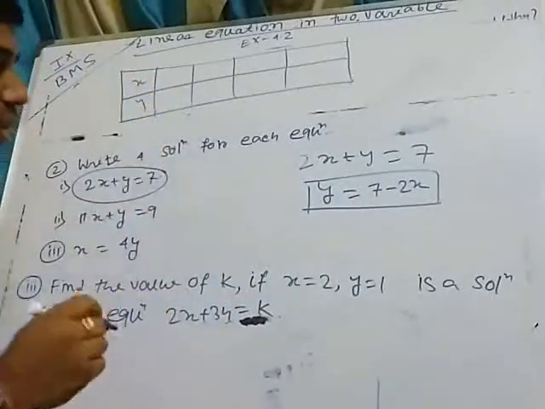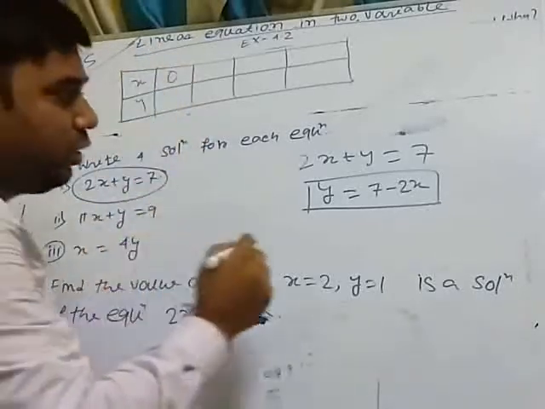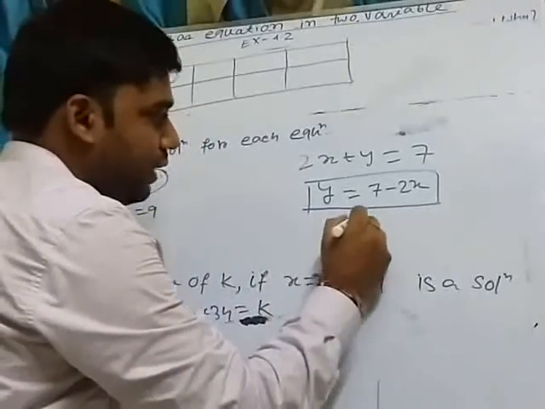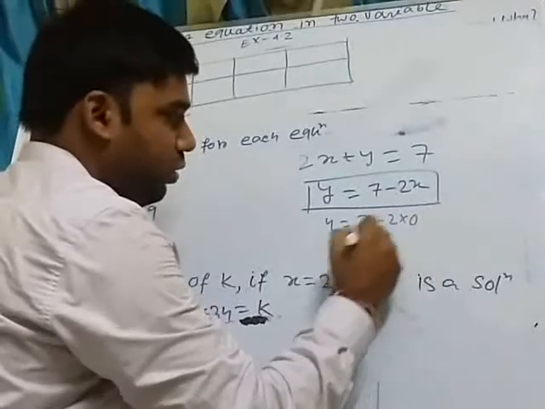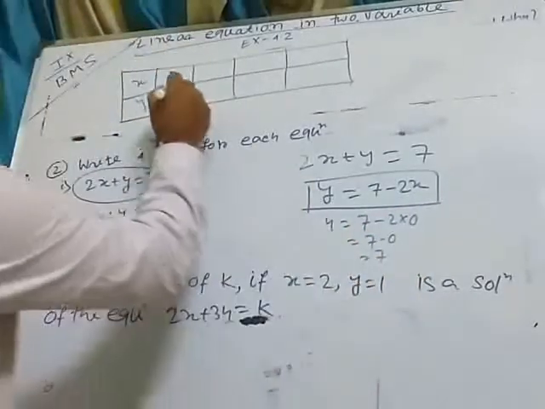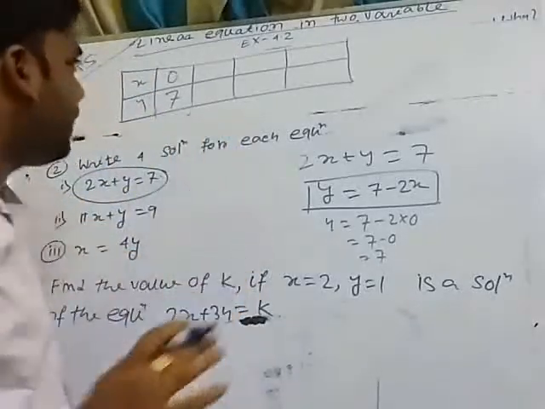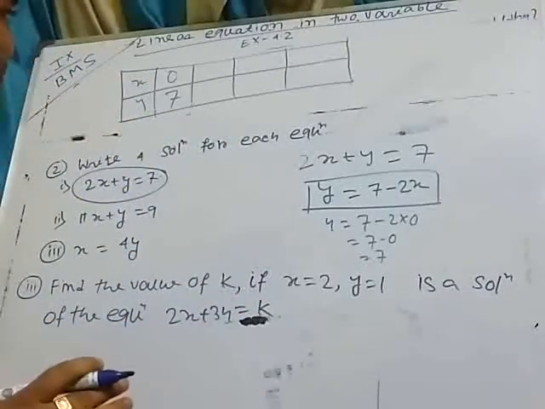So for x and y, if I put x equal to 0, what will be the value of y? That is 7 minus 2 into 0, 7 minus 0, that is 7. So for x equal to 0 we get (0, 7).